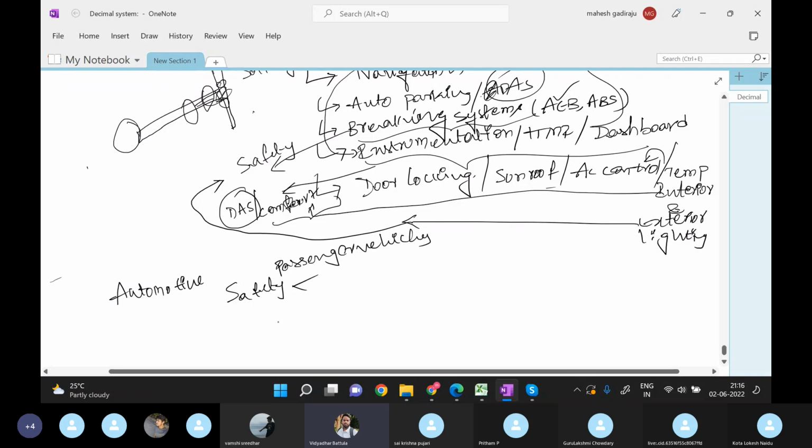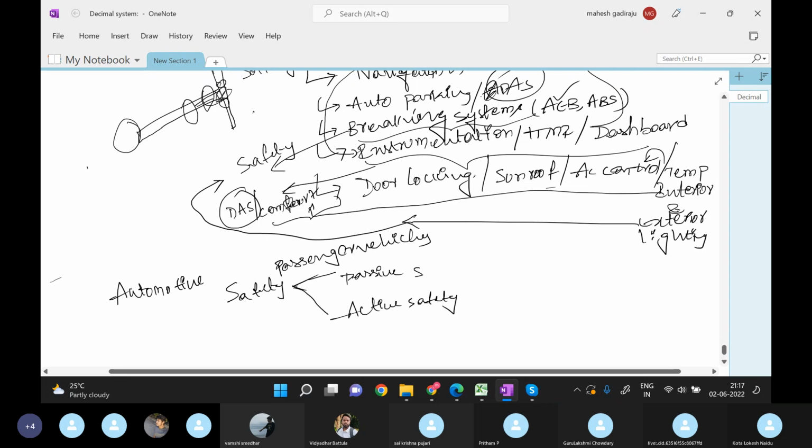Safety and comfort. But the first priority is safety, right? If you look at safety, there are two kinds of safety in automotive systems. One is passive safety and the other one is active safety.